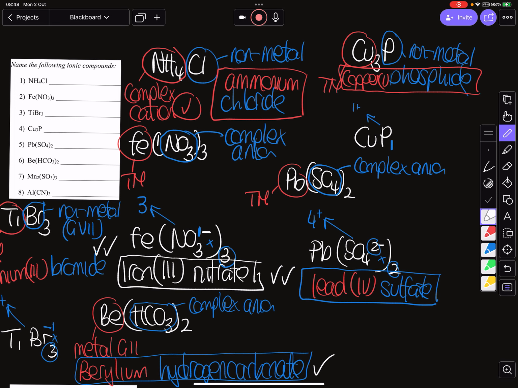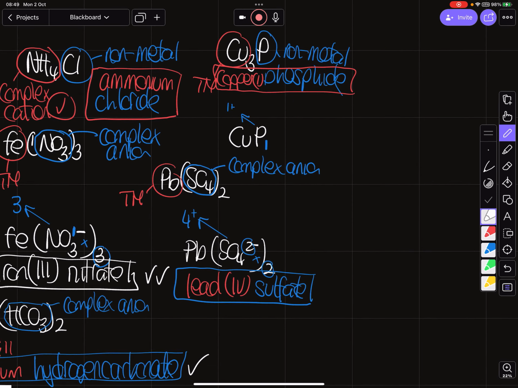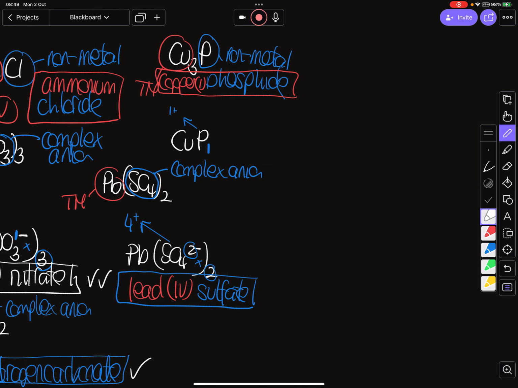We then have Mn2(SO3)3. So I'm going to put this over here, Mn2(SO3)3. I'm just going to write the other one while I remember it in my head. So what are we looking at here?